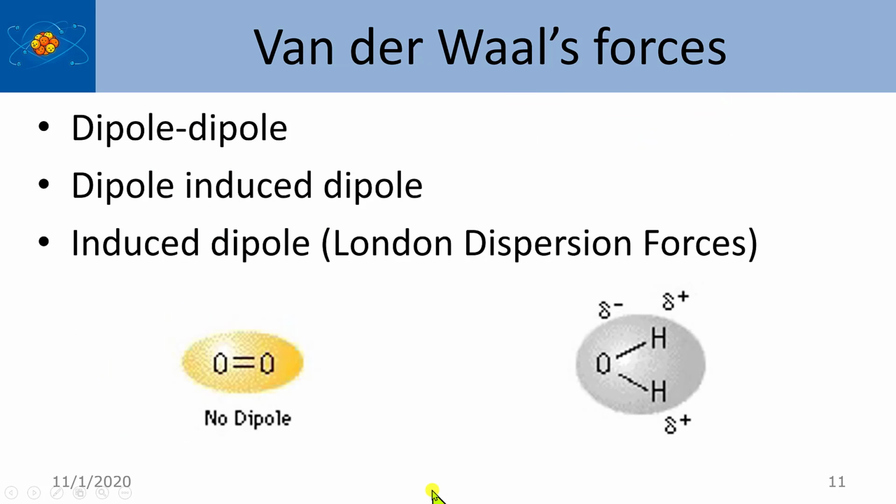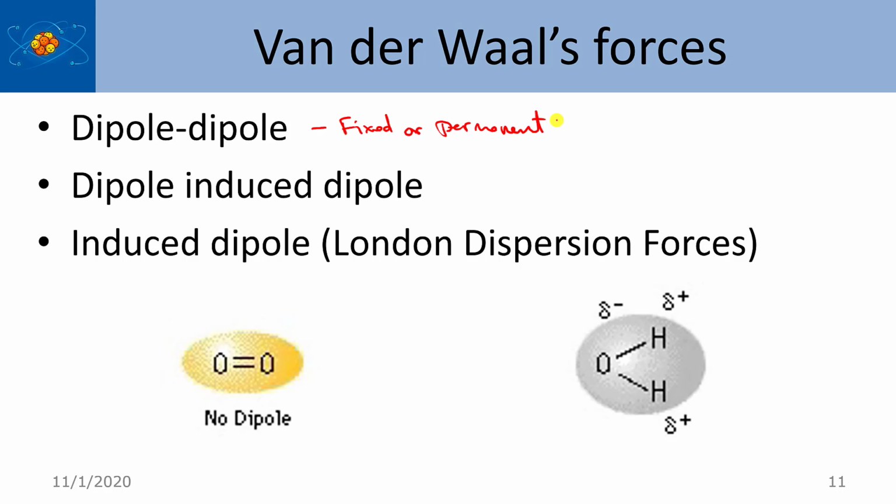So, dipole-dipole interactions are part of a group of intermolecular forces known as van der Waals forces. So for a dipole-dipole interaction, we call this a permanent dipole or fixed dipole interaction. But what you have to remember is the electrons in an atom are not bound to be in one place, and so they actually can be moved around.